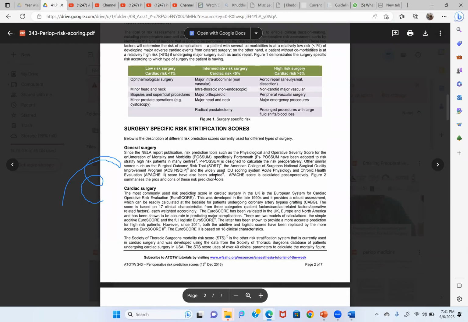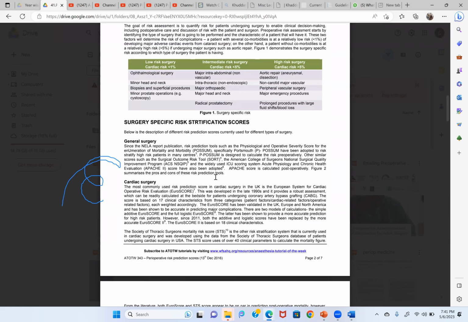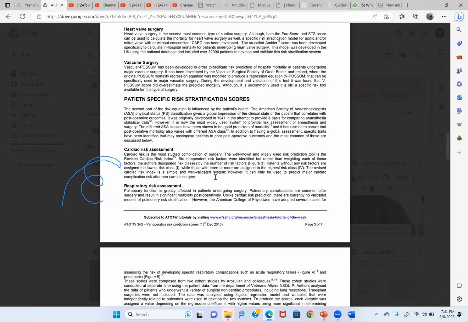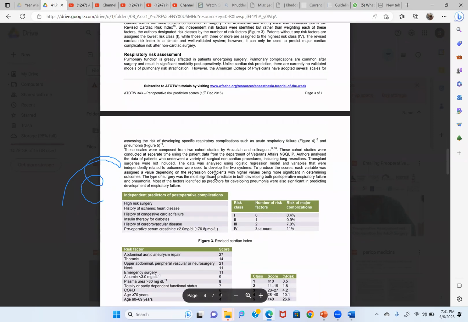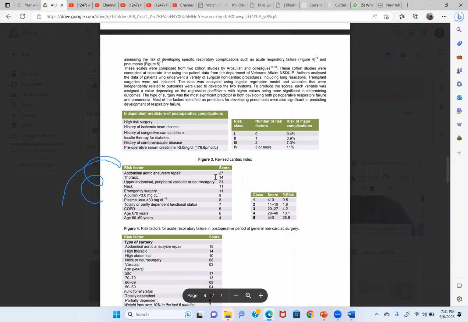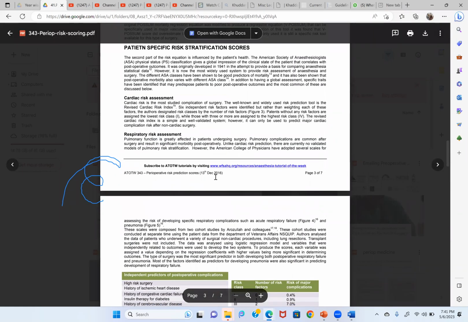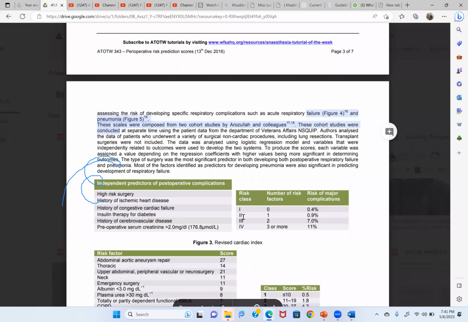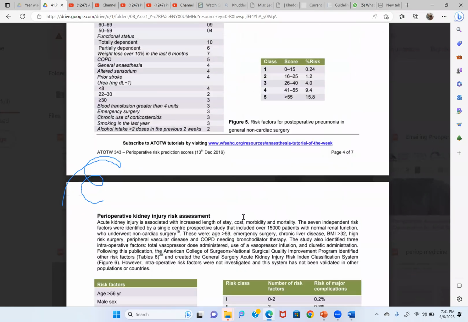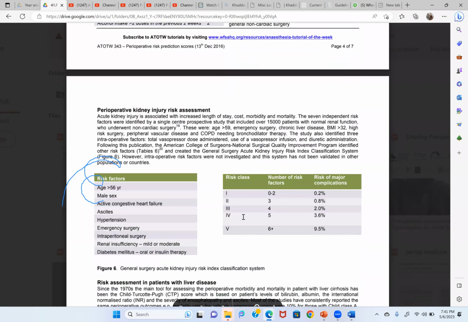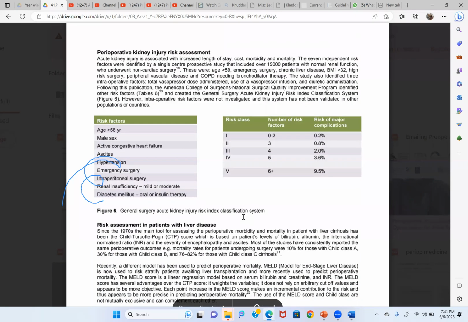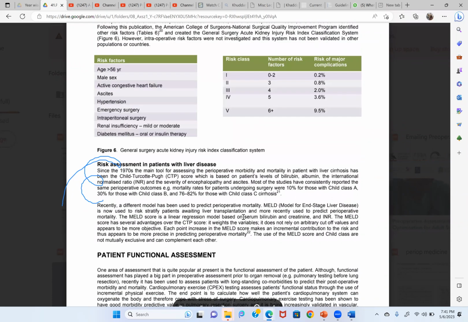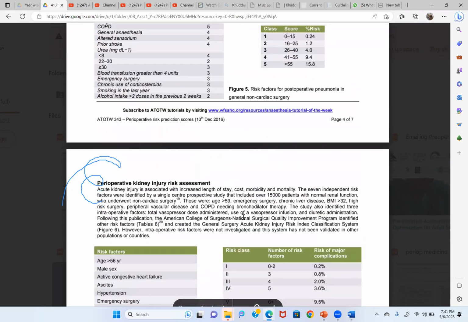As I told you from where we started our discussion, there are some surgical risks, cardiac risks, and respiratory risks. I was trying to have a look at the respiratory risk stratification. Yes, okay. This is for kidney, this is for liver. They have not mentioned much of pulmonary risk factors here.